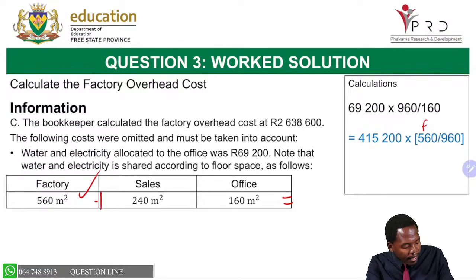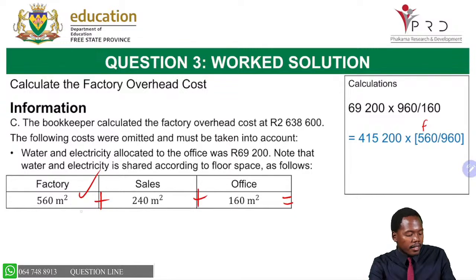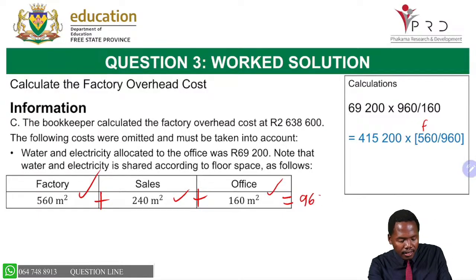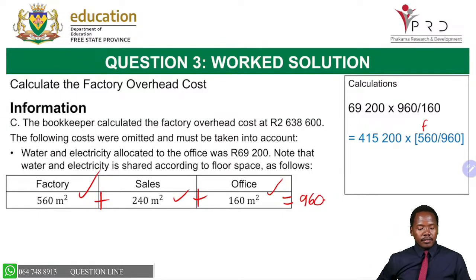Now, how do I get my total? I need to add 560 plus 240 plus 160. Then I get 960. Now, what do I do now?